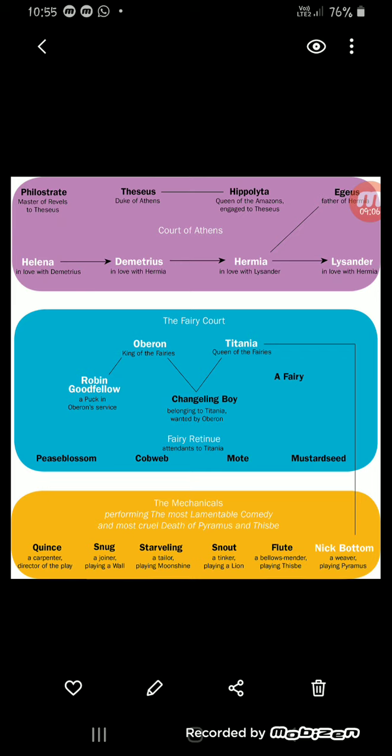There are four important pairs of lovers in this play. One is Theseus and Hippolyta, second is Hermia and Lysander, third is Demetrius and Helena, and fourth is Oberon and Titania. There are some characters associated with them in some way.